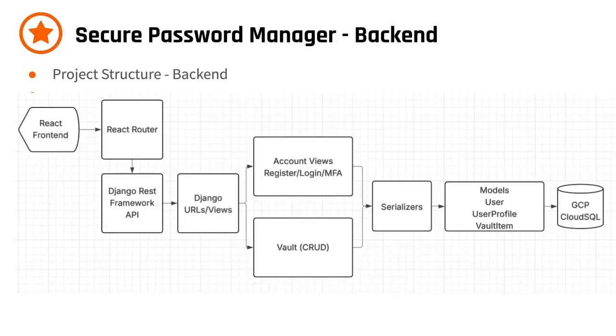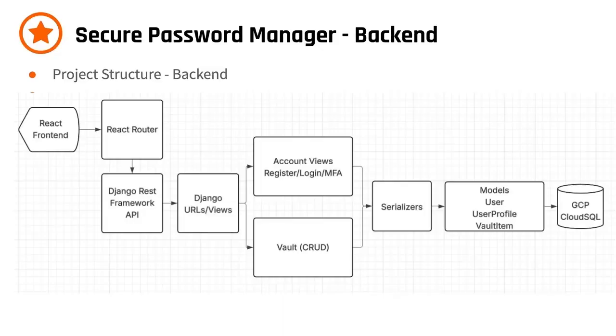This diagram shows the basic flow of our application from the user interface down to the database, as it concerns the back-end mostly. On the front end, we have a React single-page app with React Router managing navigation. All API calls go through our Django REST framework backend, where Django's URL routing sends requests to the right views.